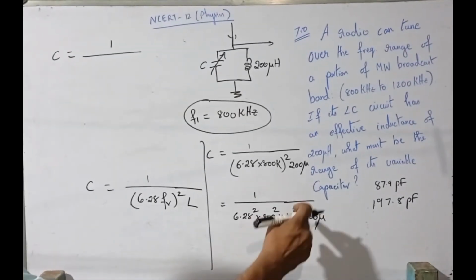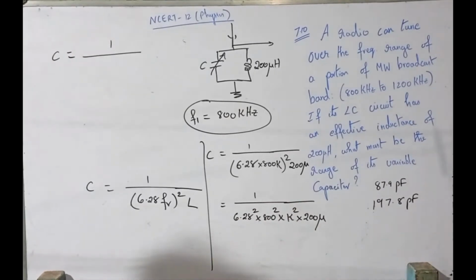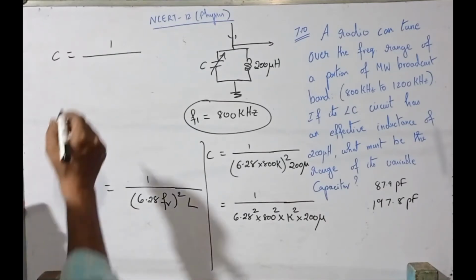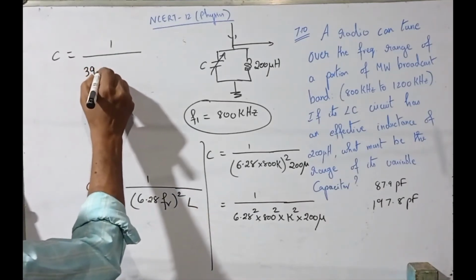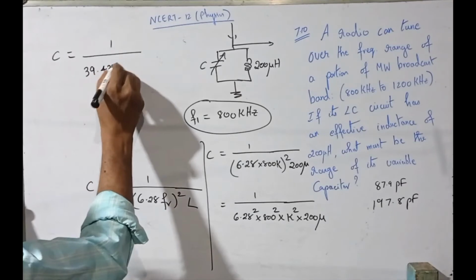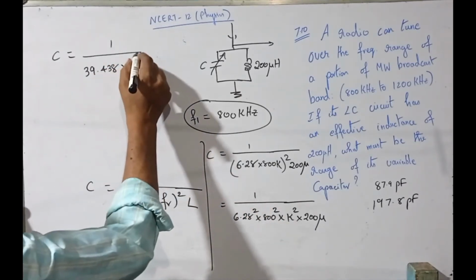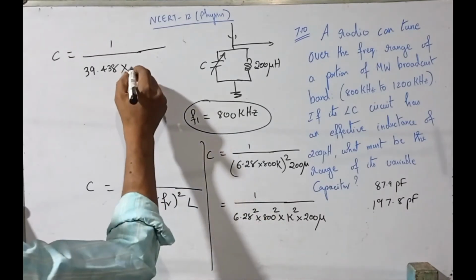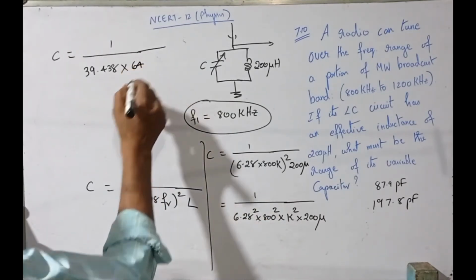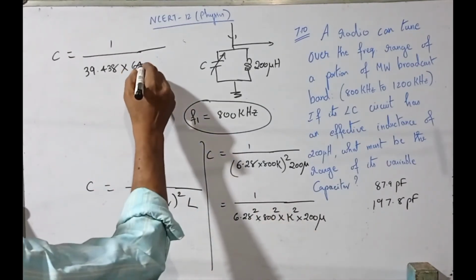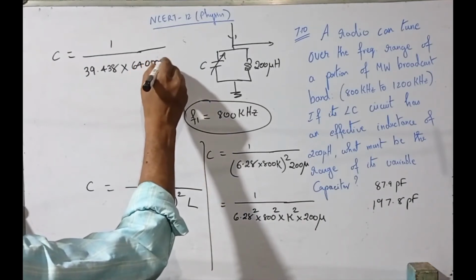Now we will simplify this value. 6.28 square is 39.438. This is 800 square: 8 8s are 64, and you have 4 zeros, 1, 2, 3, 4.